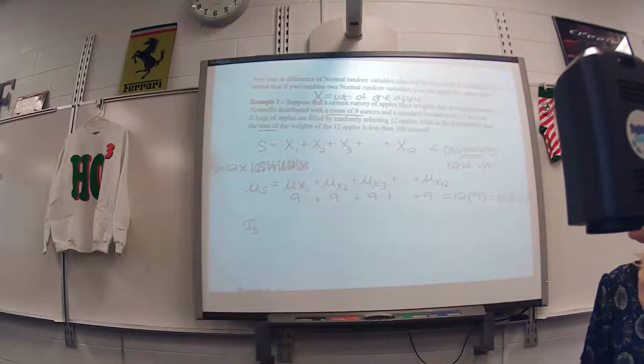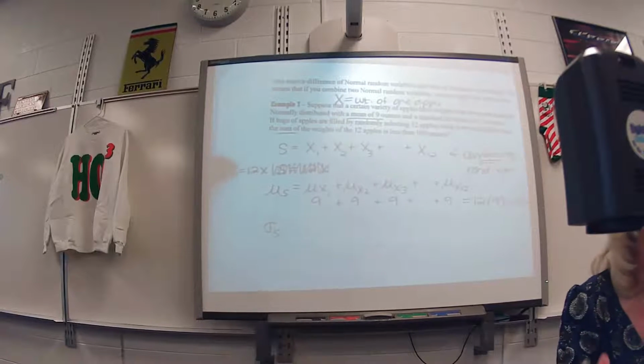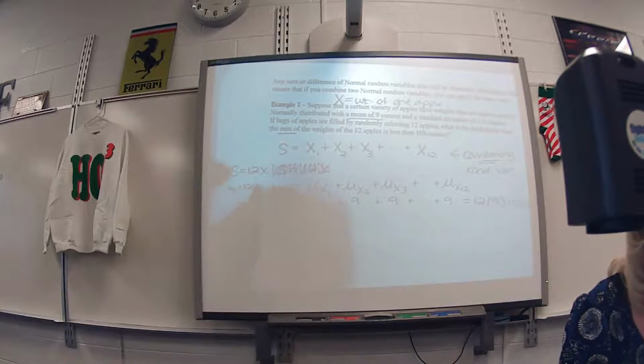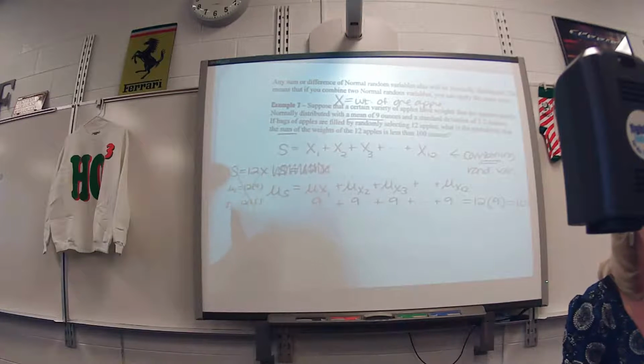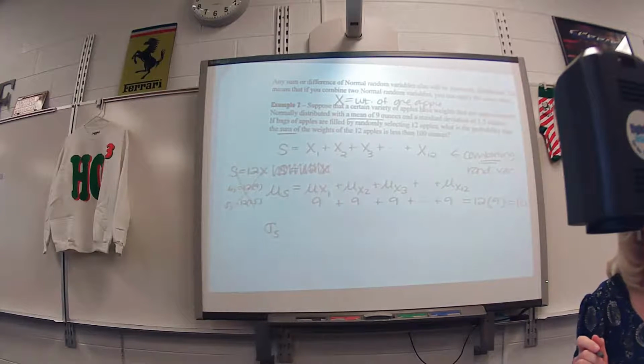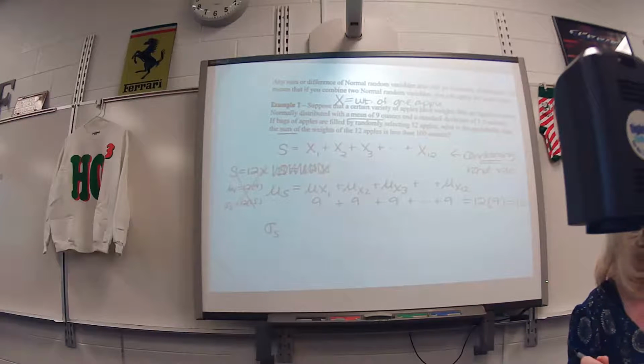For the person who does this incorrectly, they're just going to say, oh, mu sub S is 12 times 9. Sigma sub S is 12 times 1.5. You can't do that. The rule is you have to think about the Pythagorean theorem.